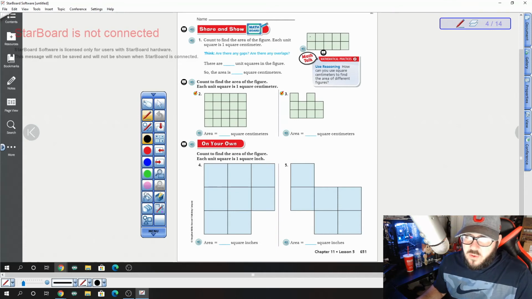Okay, so 1, 2, 3, 4, 5, 6, 7, 8, 9, 10. Are there any gaps? Are there any overlaps? No, there's not. We got 10 unit squares, which would mean 10 square centimeters, because each square is 1 square centimeter. Okay? All right, doing the same thing for problem 2.